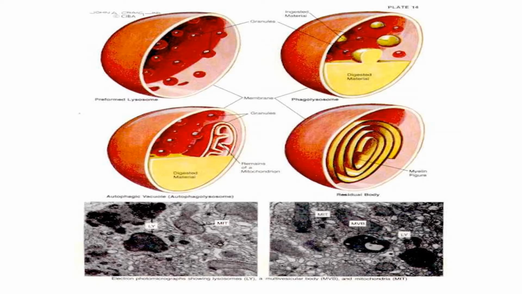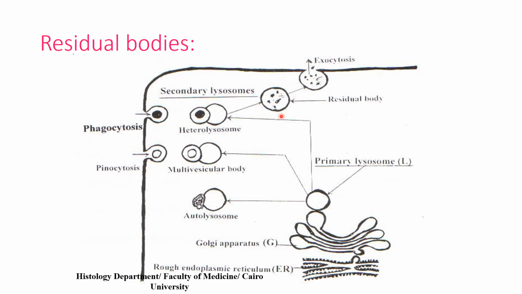Here it is autolysosome, phagolysosome, multivesicular body, residual body. Diagrammatic picture. Again, this is the rough endoplasmic reticulum and Golgi apparatus, releasing primary lysosome.